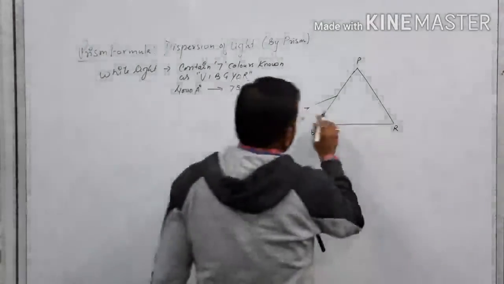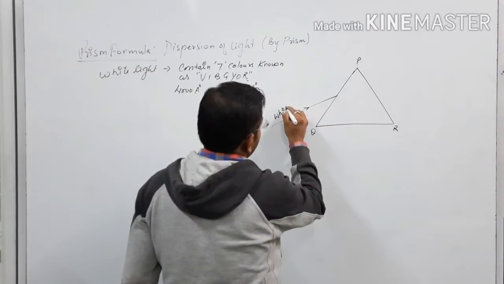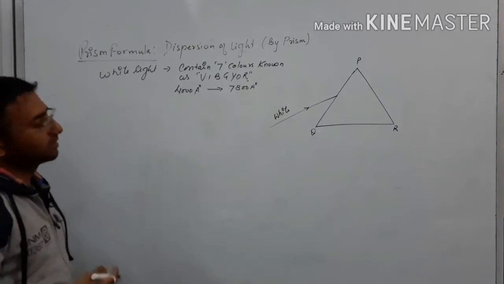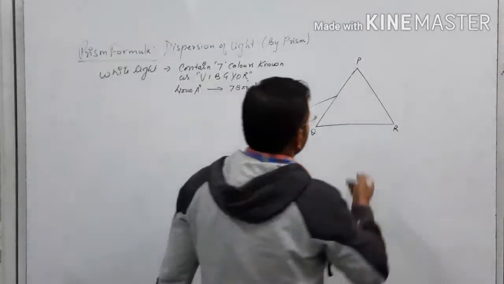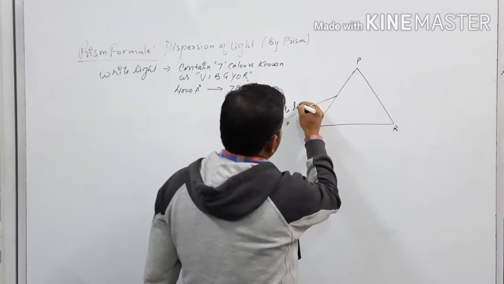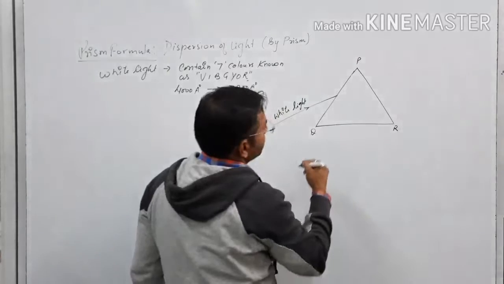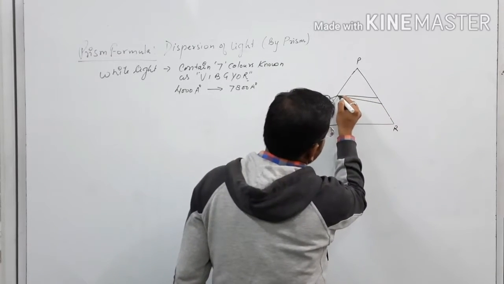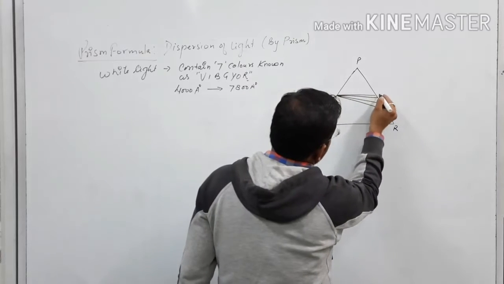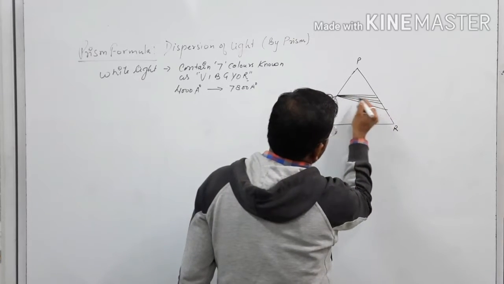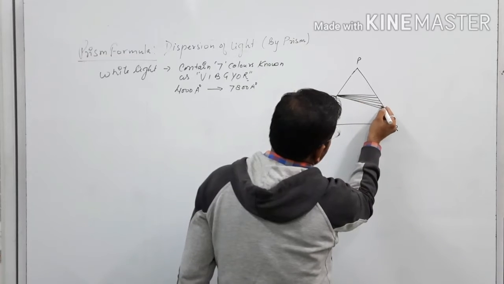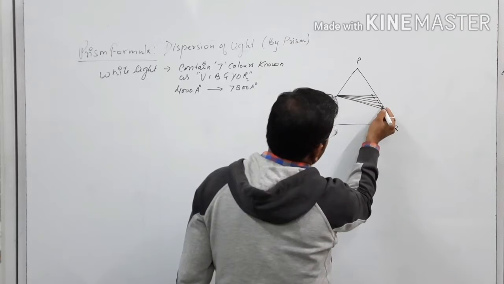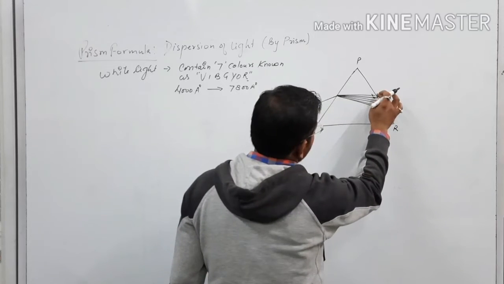When white light enters any face of the prism, it becomes dispersed. Dispersed means splitting of white light into seven colors due to the refractive index of the medium and the different wavelengths of the colors.